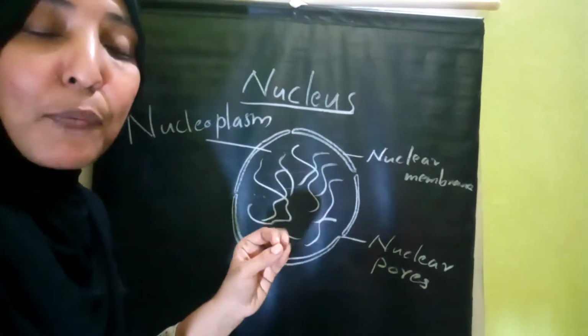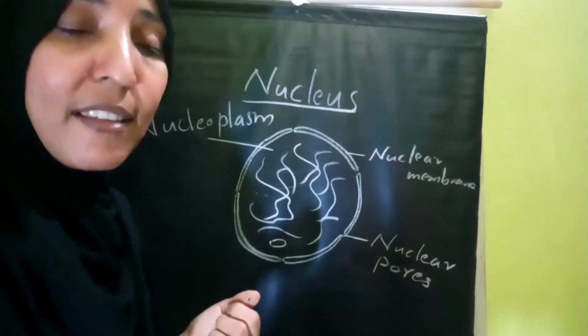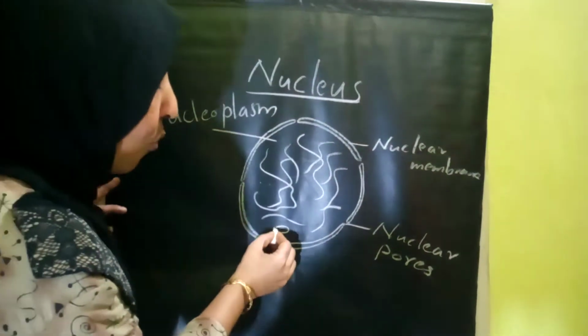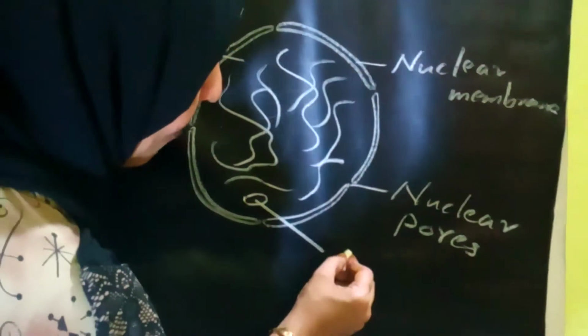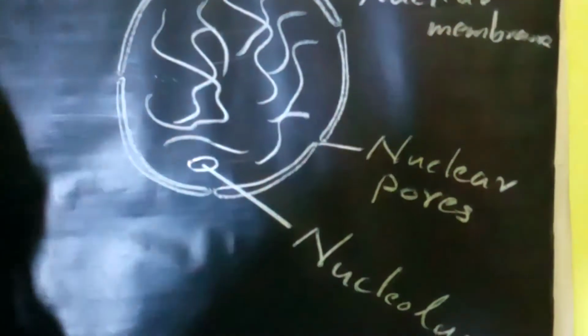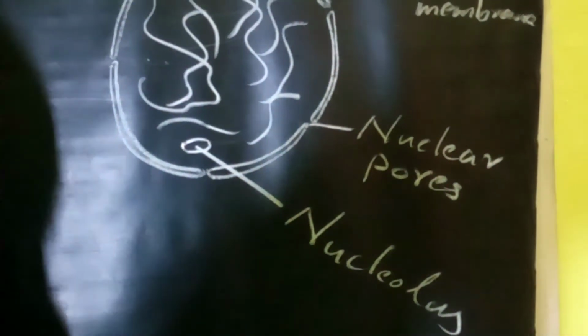We can see different floating or suspended materials inside this nucleus. Inside it, there is a small spherical body, known as the nucleolus.